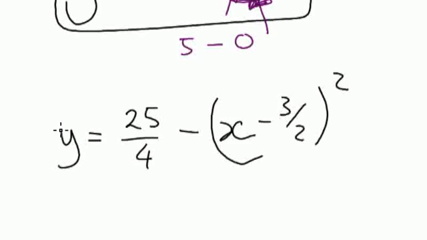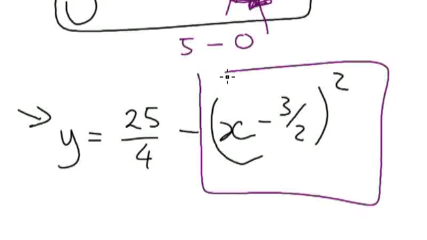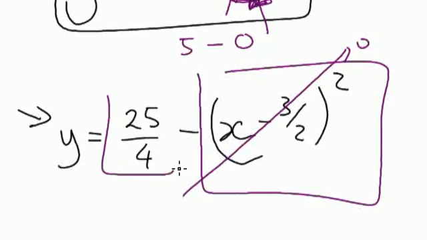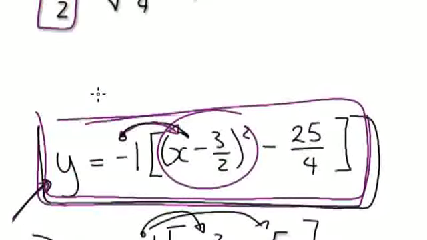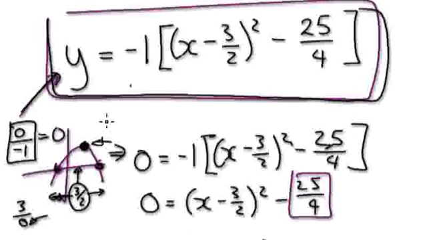If you're trying to find the highest value that this thing could be, you want to make this as low as possible. In fact, make it 0. So the highest value that y could be is actually 25 over 4. So on our graph, the y value at this point will be 25 over 4. That's the highest point.